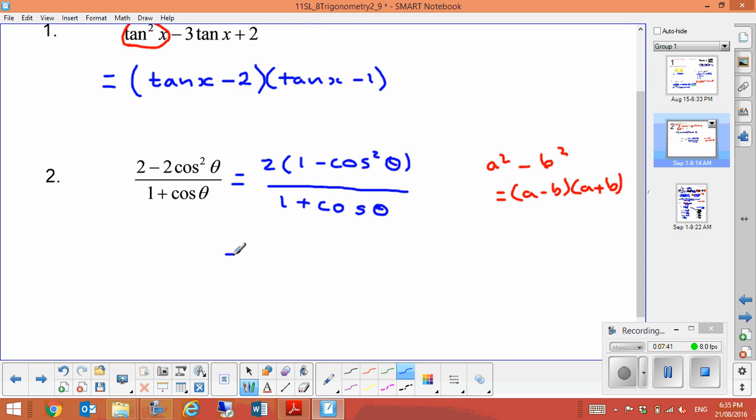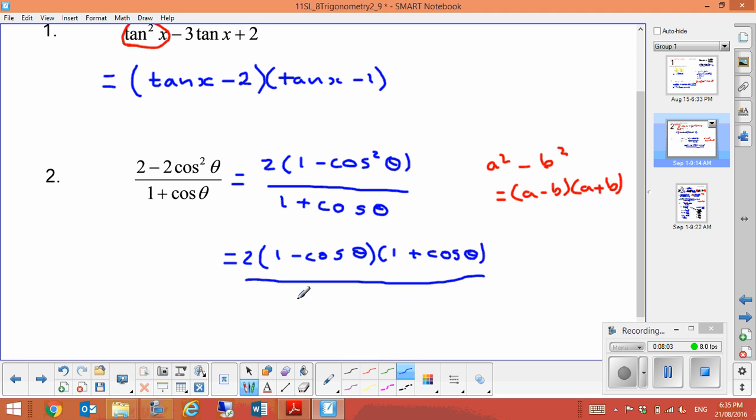So let's now expand this using the difference of squares. We've got 2, 1 minus cos theta, times 1 plus cos theta, all over 1 plus cos theta. Fantastic. We've got what we were looking for, a common factor.